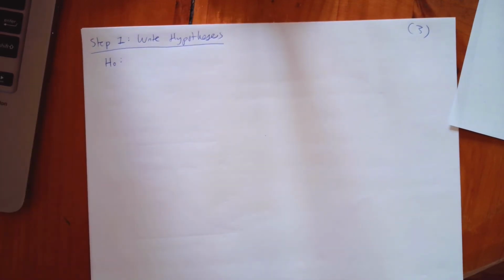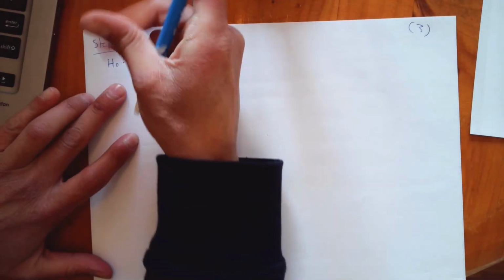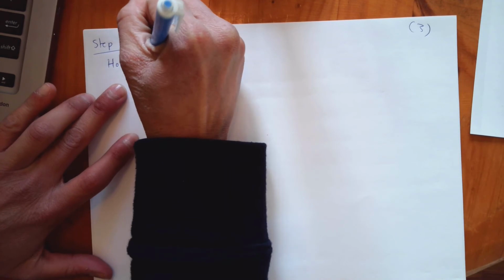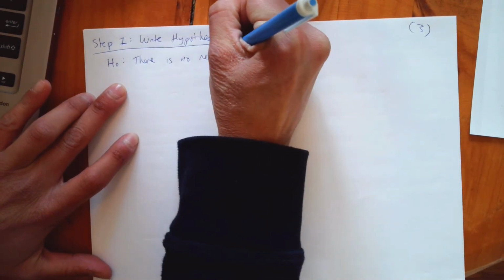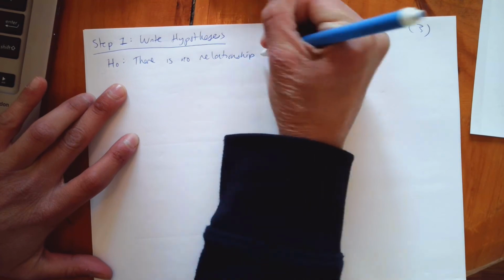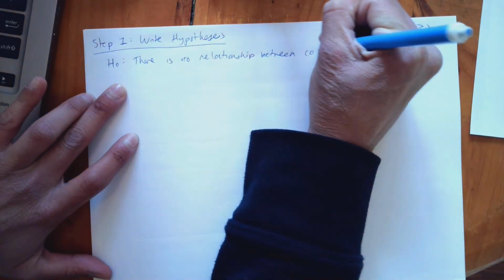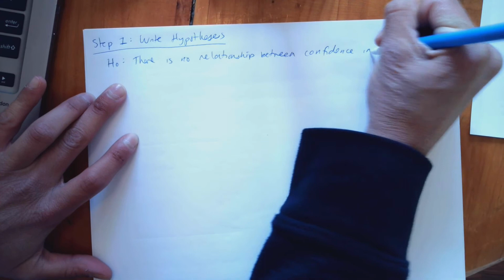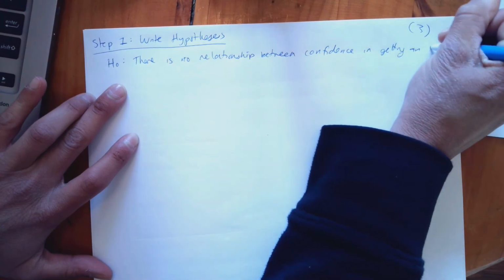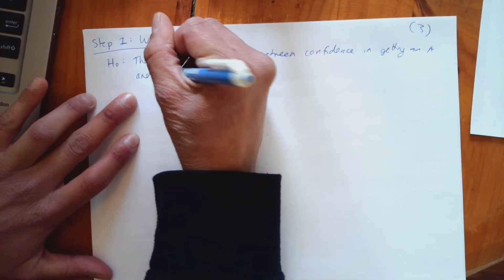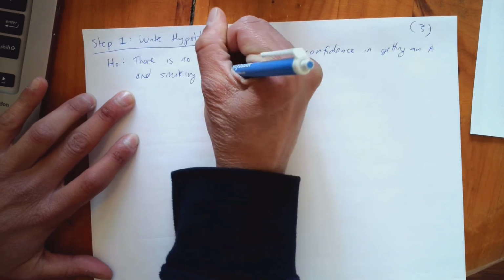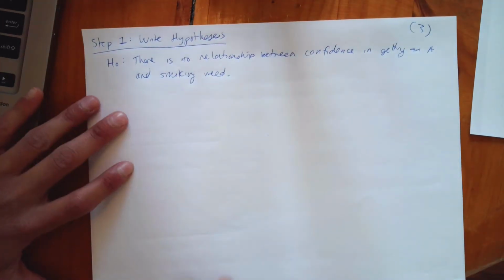So if we're treating the class as a random sample of criminal justice students, we'd be saying that our null hypothesis is that there is no relationship between how often you smoke weed and how confident you are about getting an A in statistics. So our null hypothesis is that there is no relationship between confidence in getting an A and smoking weed.